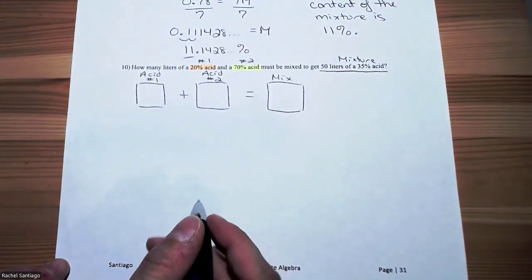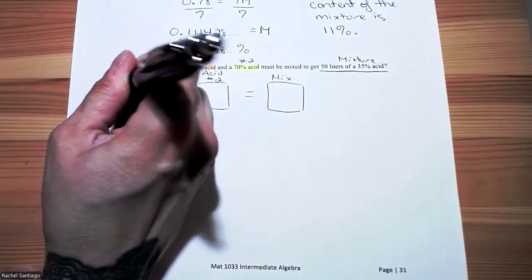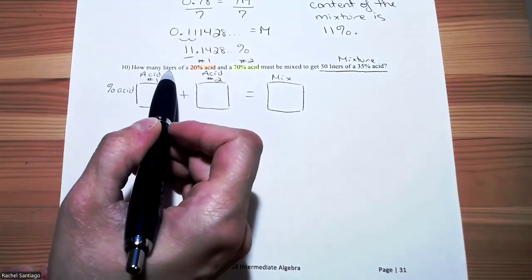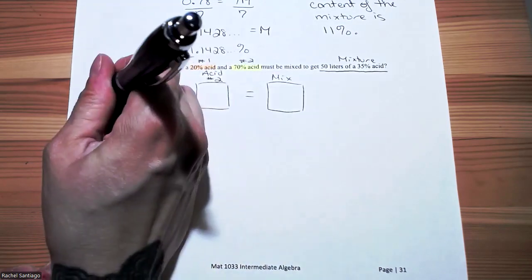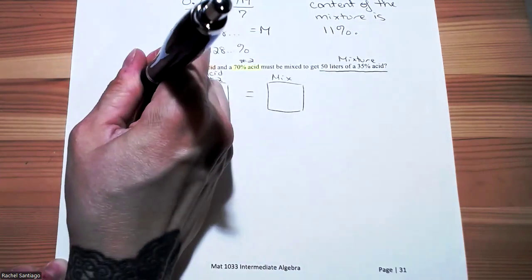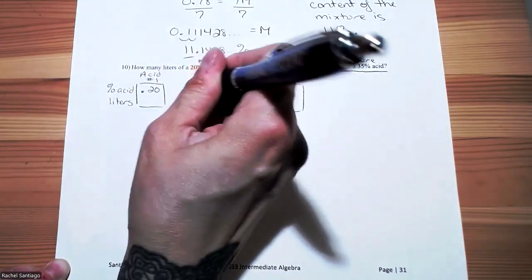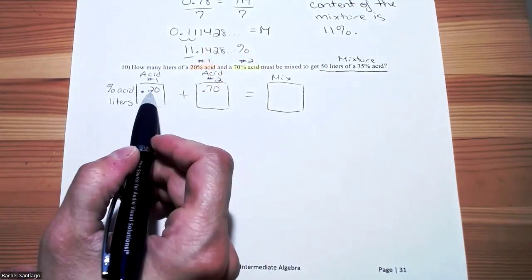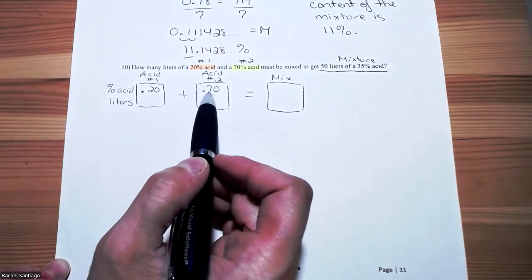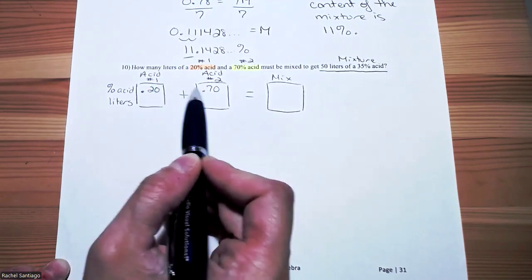All right, let's put in our information. The top row of each box, I'm going to call the percent of acid. And we want to know how many liters of each, so the bottom row of each box is going to be liters. We have a 20% acid, 0.20. We're mixing that with a 70% acid, so a weak acid with a really strong acid. So we should expect that the mixture should be somewhere in between these percentages.